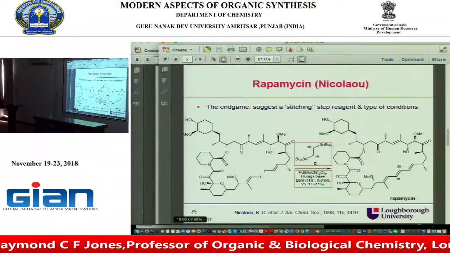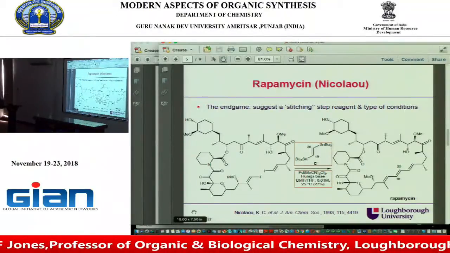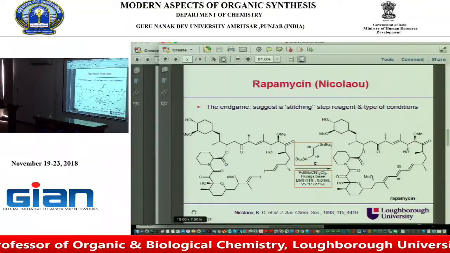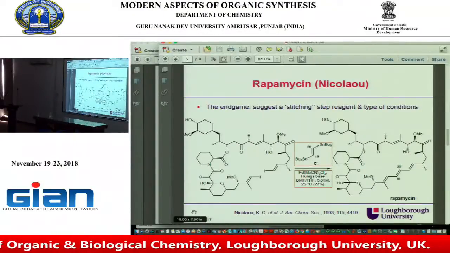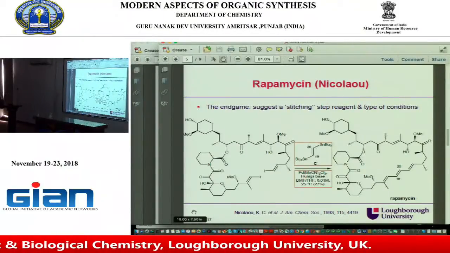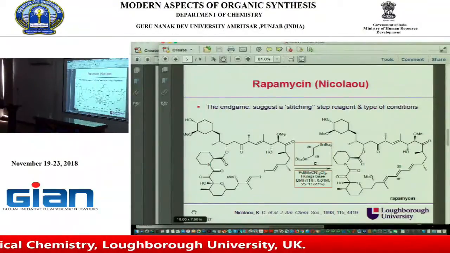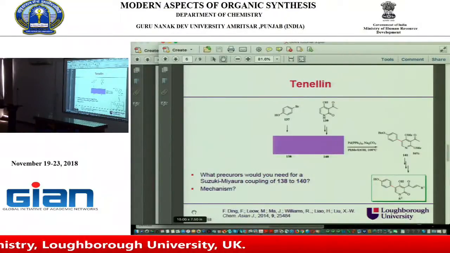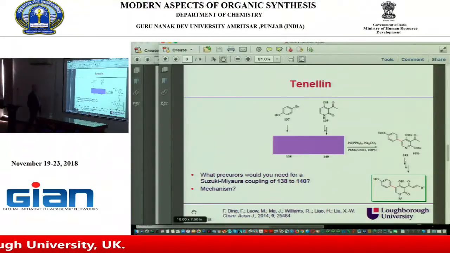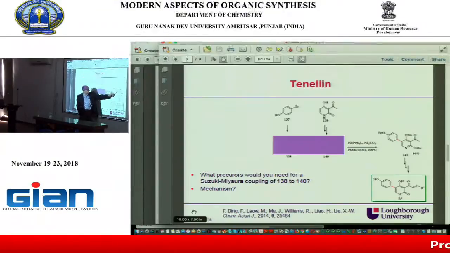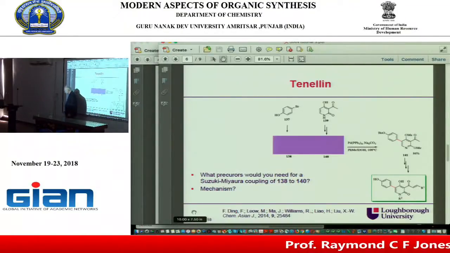Okay, so you see two alkenyl iodides, so you should be thinking of a coupling reaction and some sort of palladium 0 catalyst. Okay, look at that one, and again, this is a little bit less complex. You see in a sort of pinky colour here the bond you're trying to form.